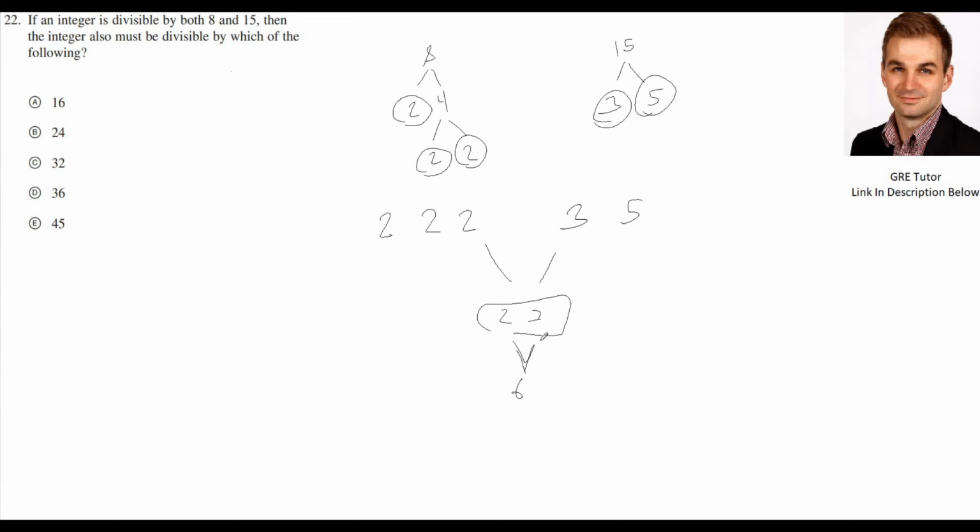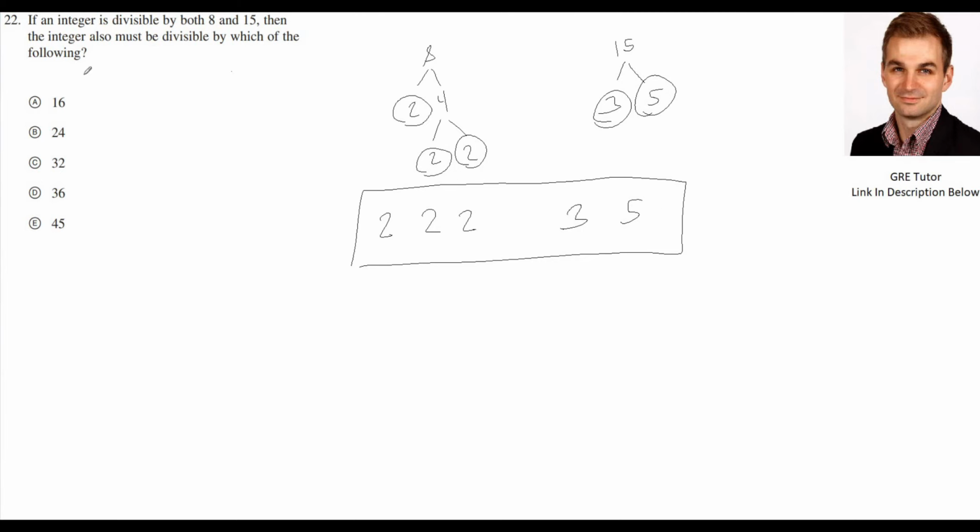So we need a combination of the numbers that we've found, the 2, 2, 2, 3, 5, that comes out of this number. Whatever number this is, if we can create its prime factorization out of what's here, then we know that the bigger number can be broken out into this subset of primes as well. Whatever bigger number is divisible by 8 and 15, its list of primes includes these 5 and then potentially others.